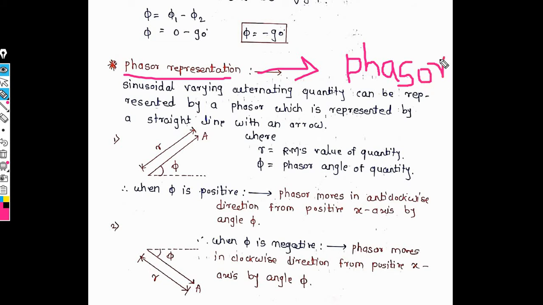What is the meaning of phasor? That is, it is represented by a straight line with its angle. That means a phasor is represented by a straight line with an arrow. Now this is the angle.